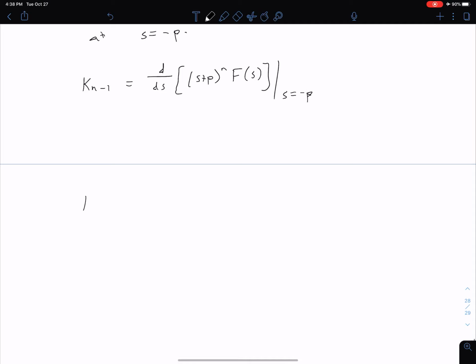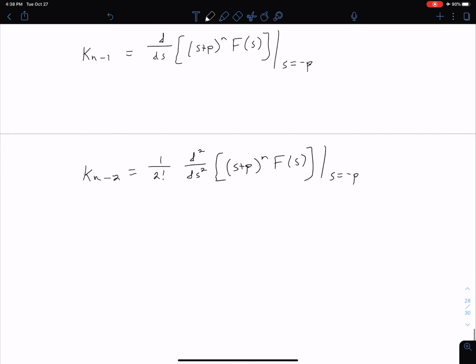Just writing the result, k sub n minus 2 is equal to, and we also have this 1 over 2 coming out, and I'm going to write 2 factorial to make it easier to relate to our general form in a little bit. But now we have the second derivative with respect to s of (s plus p) to the power of n times F of s. And again, after we've taken that second derivative, we then evaluate at s equals negative p.